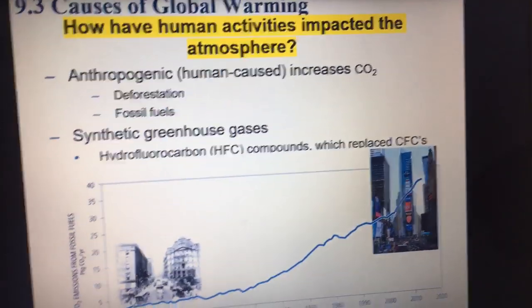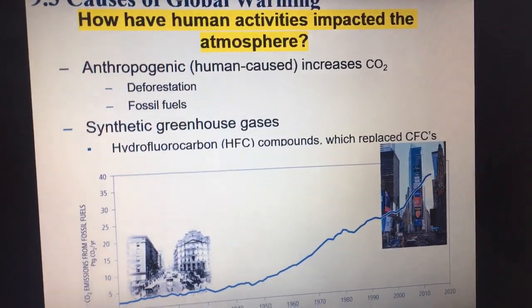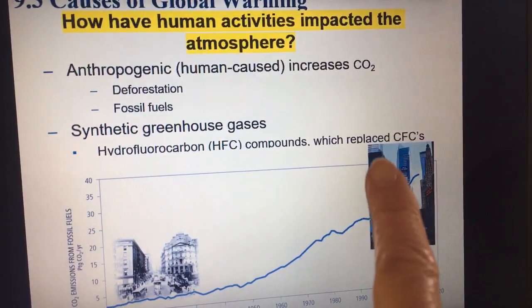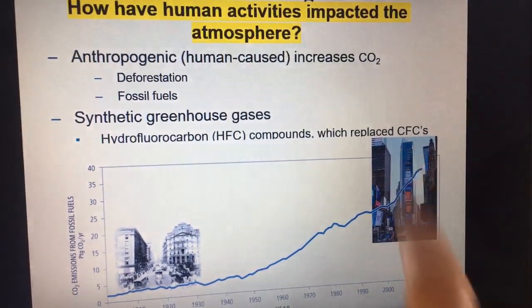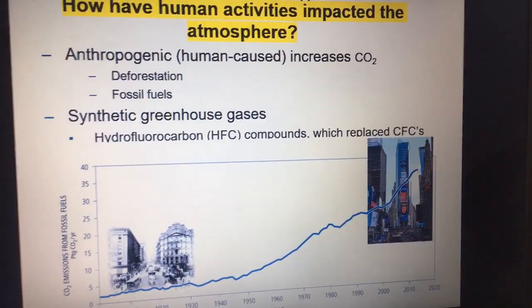I also want to make just a comment about synthetic greenhouse gases. When we decided to replace chlorofluorocarbons, which was harming the ozone, and the ozone is something that protects us from the sun. The ozone layer is not part of rapidly warming climate on Earth. It is a separate issue, and sometimes people get confused on that. When we were able to determine that the ozone hole was being damaged, that meant that more UV radiation was coming into the Earth, and that damages human tissue.